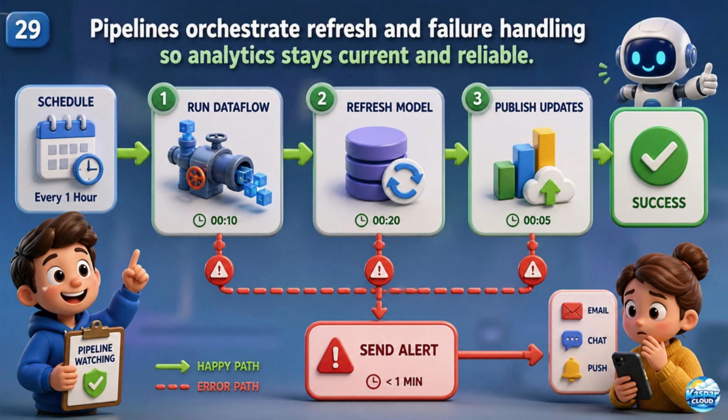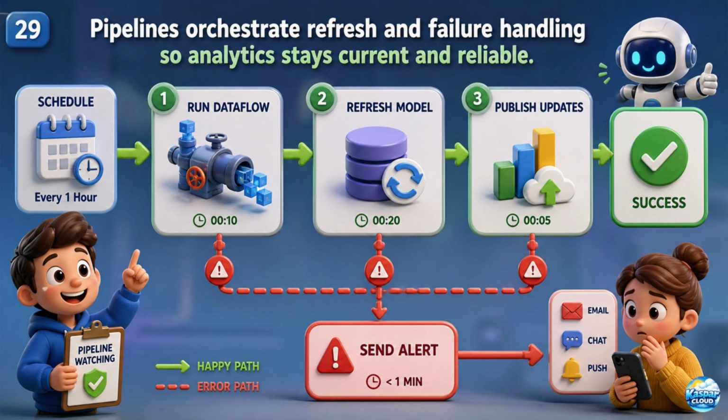Pipelines in Microsoft Fabric help orchestrate and automate data movement, refresh processes, and operational workflows. A pipeline can execute dataflows, refresh semantic models, coordinate transformations, schedule recurring operations, and trigger notifications or failure handling activities when problems occur. For example, a pipeline may send an email alert if a refresh process fails or data does not load successfully.